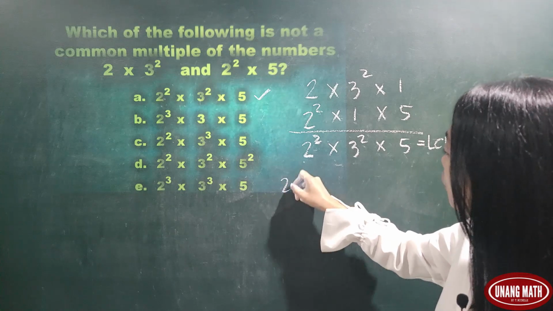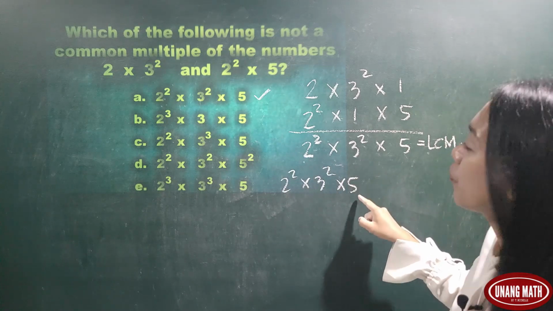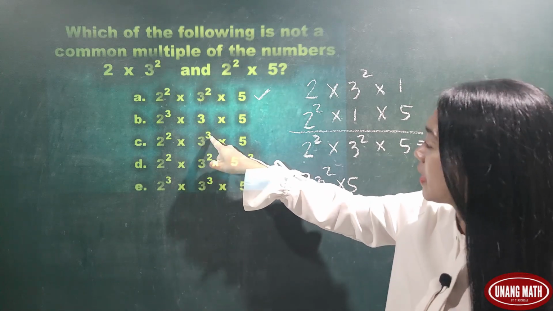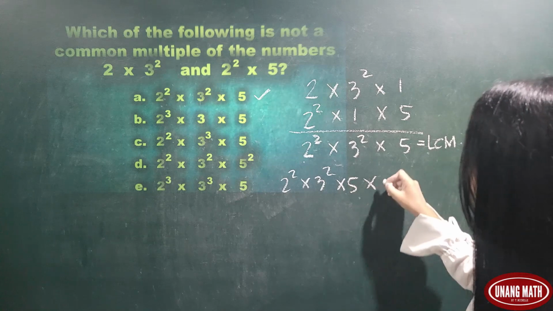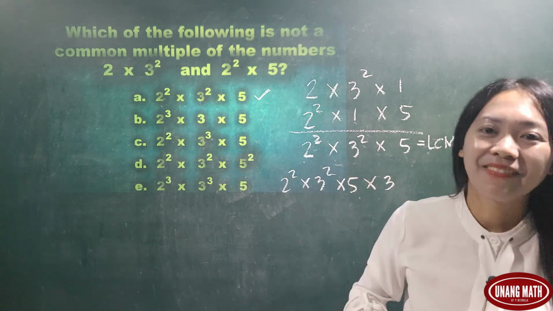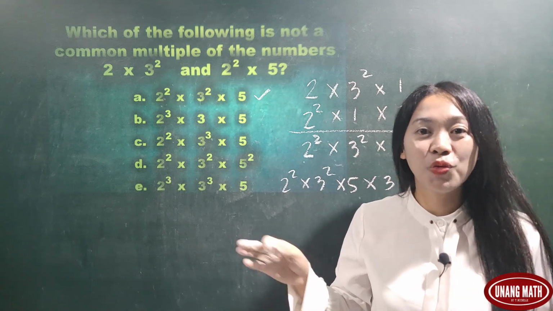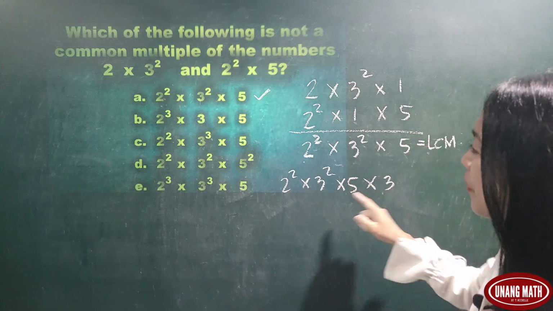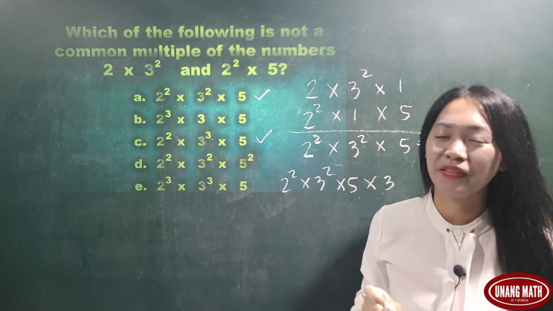Our LCM is 2 squared times 3 squared times 5. But this is 3 raised to the power of 3. So it means we will multiply this by 3. Okay, remember, multiples are numbers times 1, 2, 3, and so on and so forth. So C is a common multiple of these two numbers.